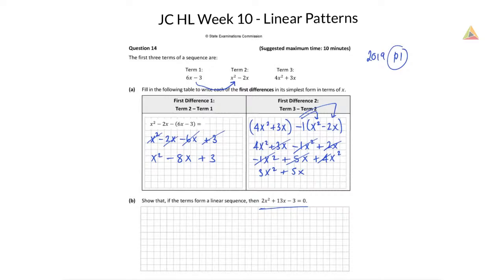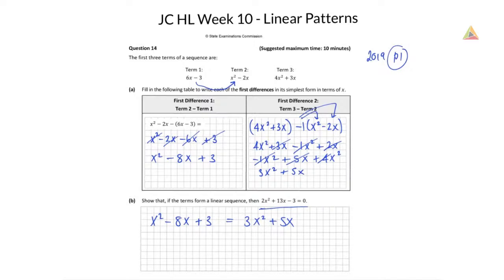So that would be equal to that if it's the same difference. So we're going to write an equation now. It's going to be x squared minus 8x plus 3 is equal to 3x squared plus 5x. And the reason I've let them equal each other is because it's the same difference if it's linear. Okay, so if it's linear, this is equal to this because the difference must be the same.